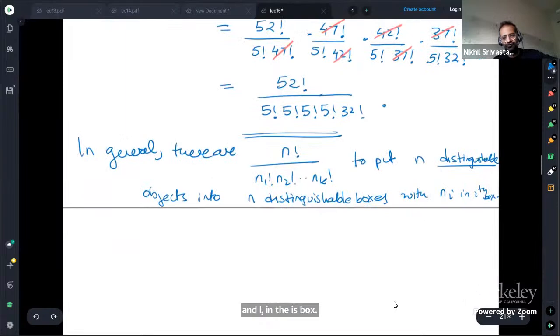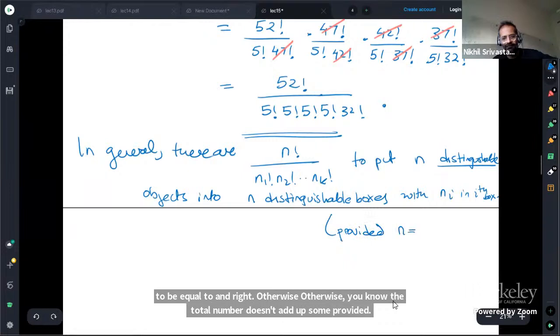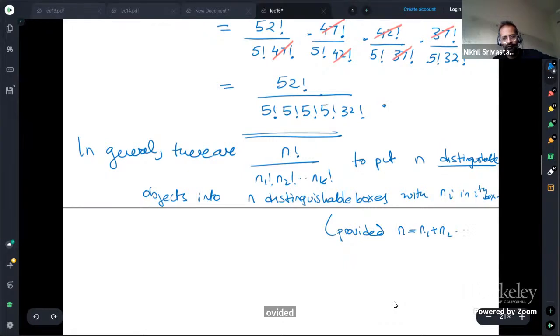And of course, in order for this to work, the sum of the ni's has to be equal to n, right? Otherwise the total number doesn't add up. So provided n is equal to n1 plus n2 all the way up to nk.